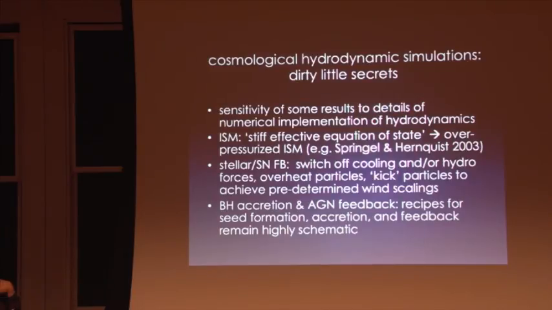Okay, so what's meant by this is that you have a parcel of gas and gravity is trying to make it collapse. You put in an effective equation of state that has an extra pressure, and one imagines that this pressure is coming from feedback, right, from stars, or turbulence, or something else that you're not explicitly putting in, but it prevents that gas from collapsing.